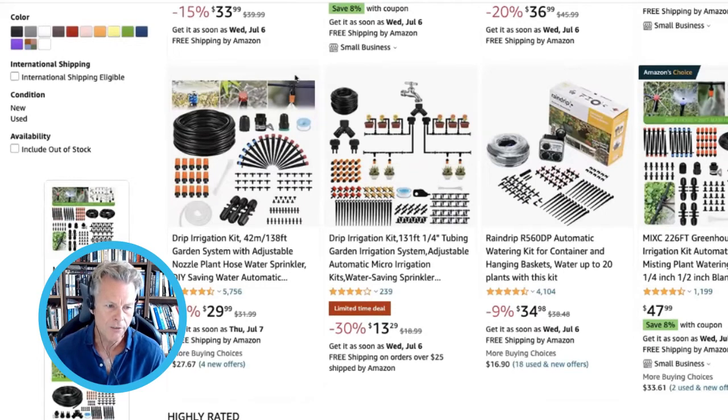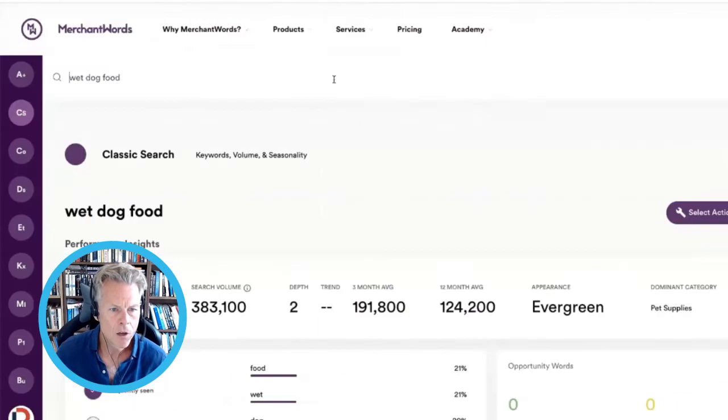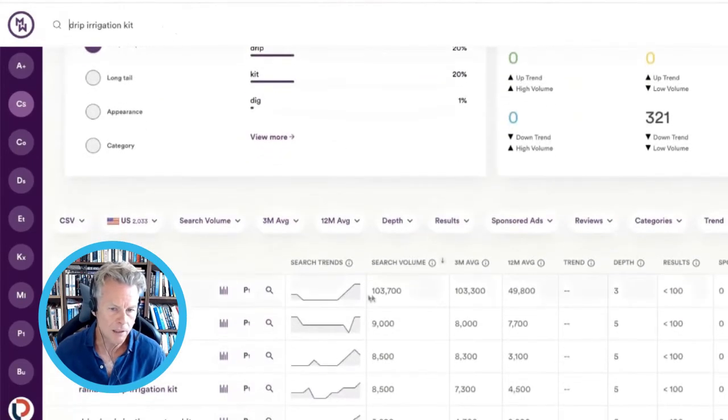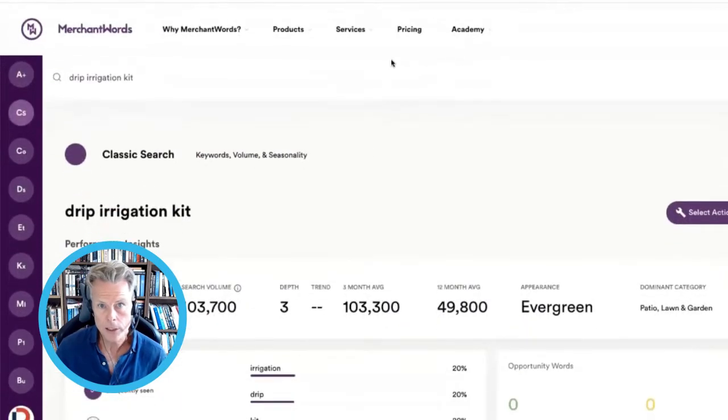So the thing to start thinking about is, why on earth do they want this thing? Let's just quickly check on MerchantWords. Search volume around about 100,000 searches a month. Well, that's a lot. And obviously that's a seasonal product. Look at the seasonality of that. That's interesting. Anyway, so good search volume, which tells you there's money to be made in that niche. So well worth figuring out.